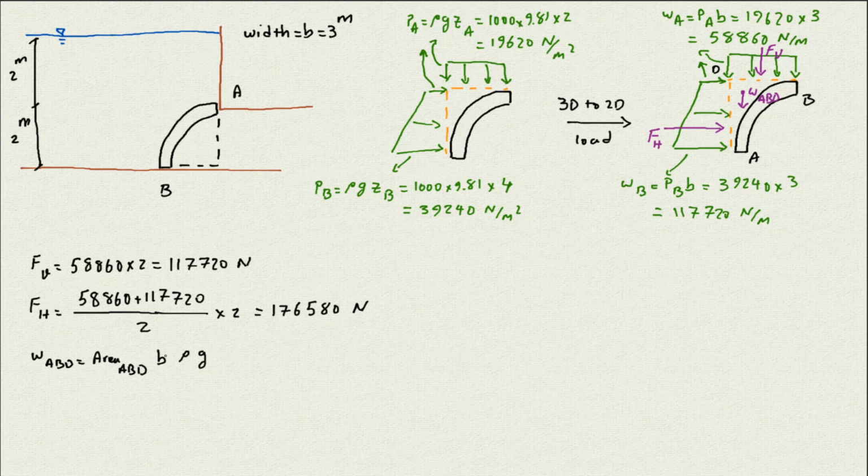So area times b gives us the volume, times rho gives us the mass, and times g gives us the weight. The area of the ABD is the area of this square here minus the area of a quarter of the circle. If you have the square minus a quarter of the circle, the remaining part is the area of the ABD.